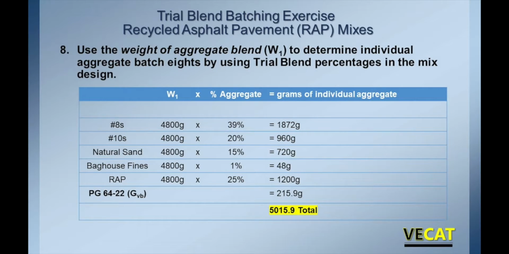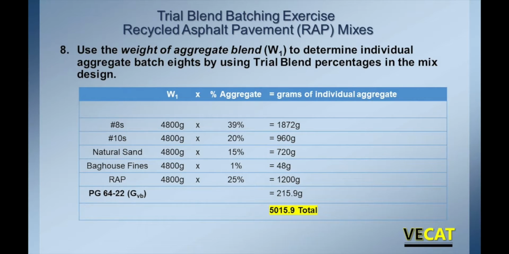So we can double check this. We're going to take now our initial grams of material that we started with, the 4,800 grams of eighths. We're going to apply our percentages of each of the individual aggregates to that 4,800 grams from eighths, tens, natural sand, baghouse fines, and then our wrap.